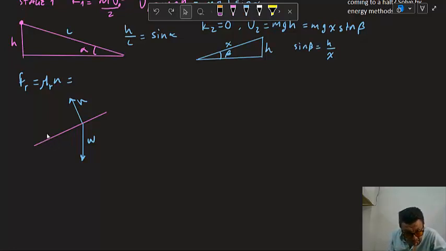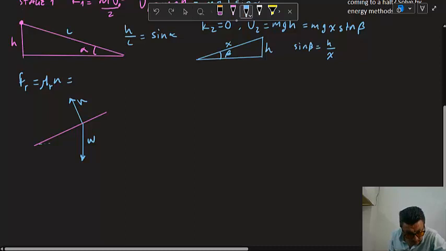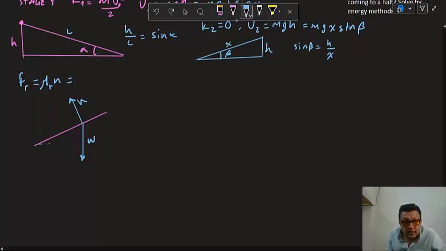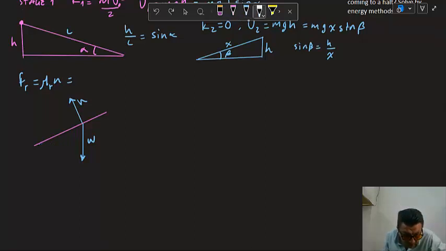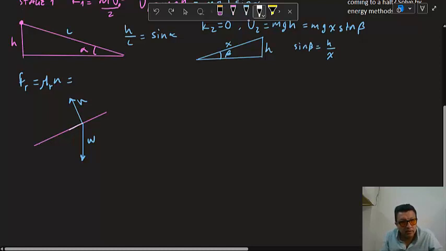I'm going to do this free body diagram to make these calculations clearer. We need the friction component, or the normal component here.